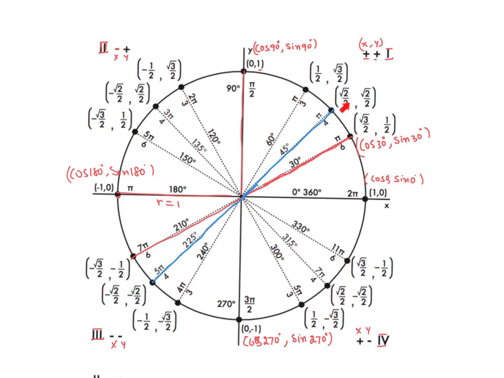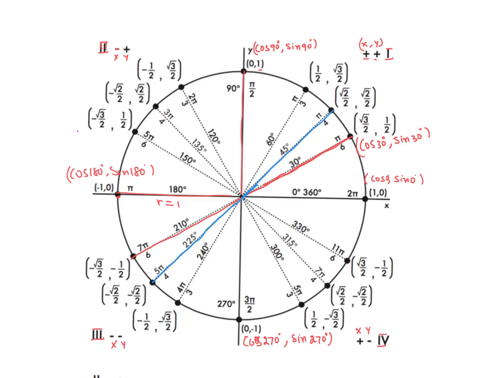This one is positive because both of them are positive, and in this one both of them are negative. It means you can tell 45 and 225 are the same.